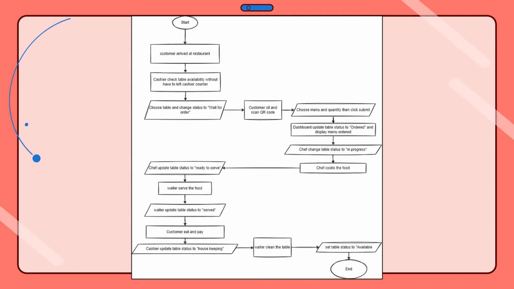After the customer pays, the cashier will update the table status to housekeeping, which will assign the waiter to clean the table. After the waiter cleans the table, the waiter will set the table status to available again. And then it will end there. That is how this application will work.